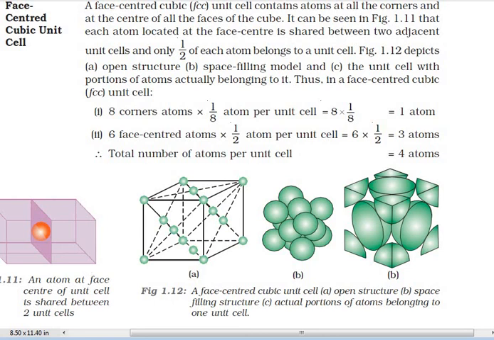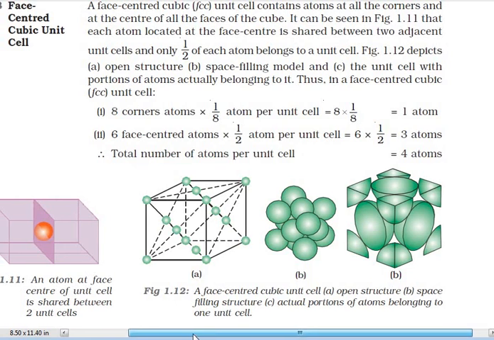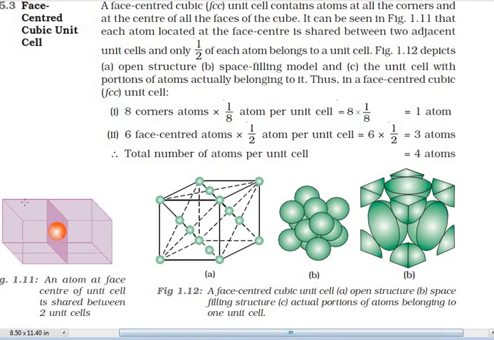Now carefully observe this figure 1.11 with this purple color. What you can see, if you are placing 2 cubes together, is that the face will be one common face, and it will be shared with 1 by 2 of each of the cubes.